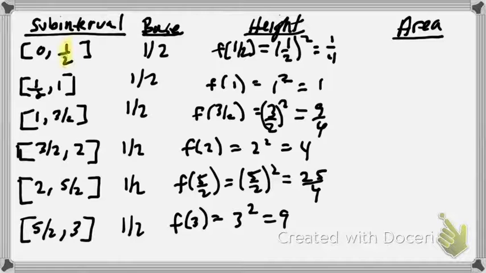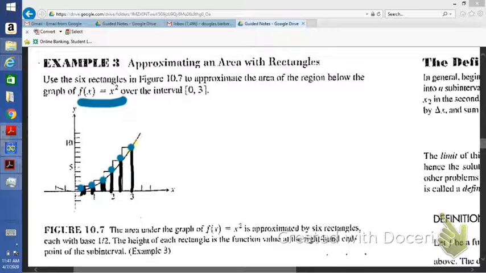So what I did was I took each of these endpoints and I plugged it in for x to get what our y coordinates were. Let me erase. I want to just make sure we're completely clear what we did.